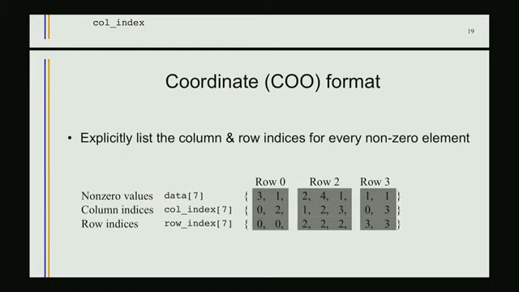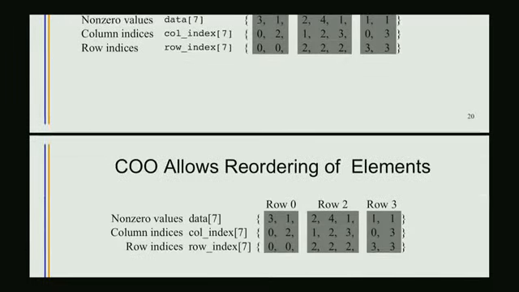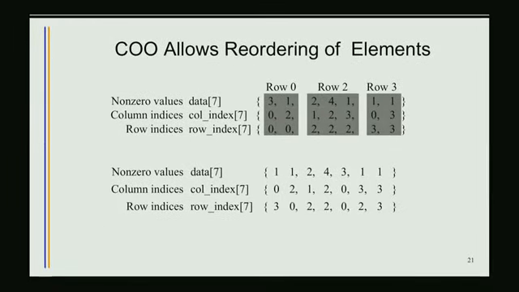Okay, so now if we were to operate on this, a couple of things kind of emerge. We unlock an amount of parallelism here, right? Because now, does it really matter which row a thread is operating on?